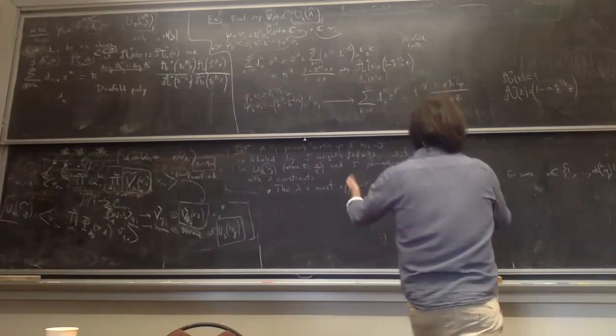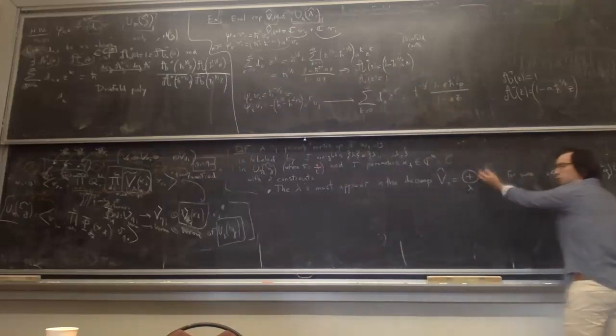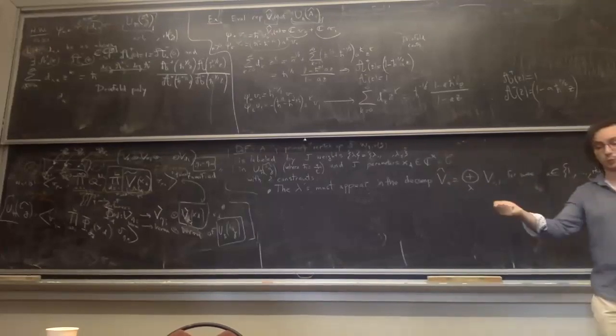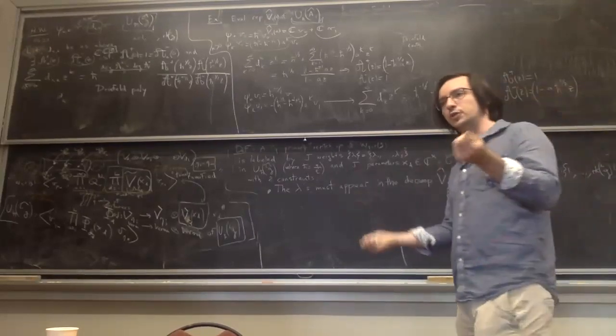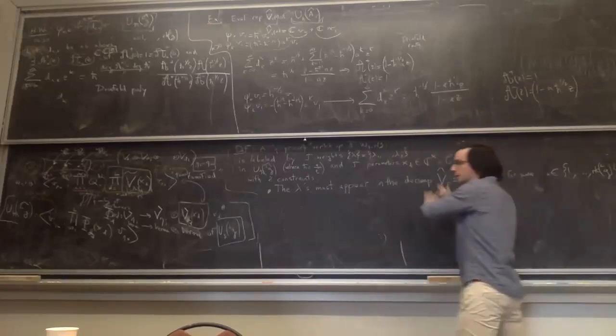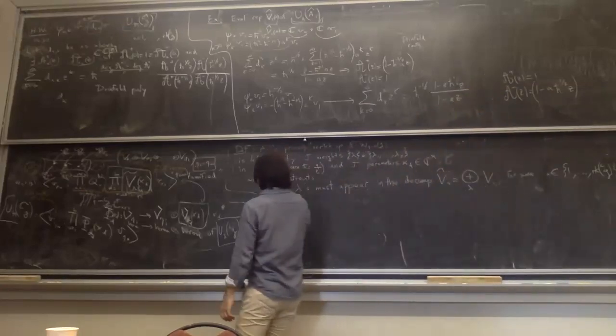They're found in some finite module that sits inside the Cartan decomposition of a fundamental representation. But they can be anywhere in that fundamental representation. Doesn't matter, as long as they appear in that decomposition.